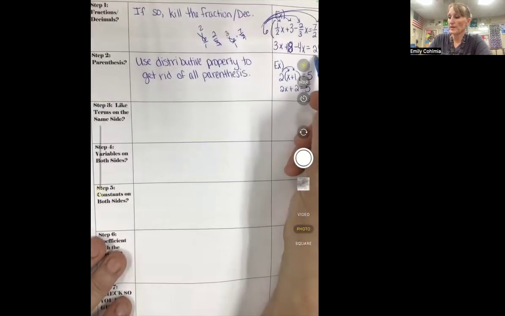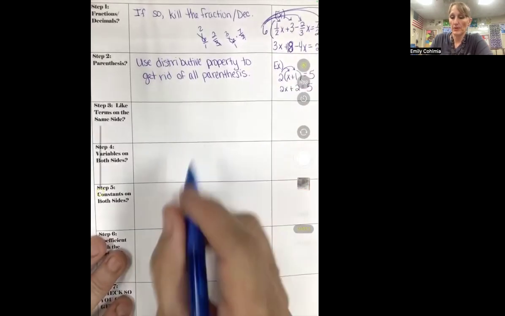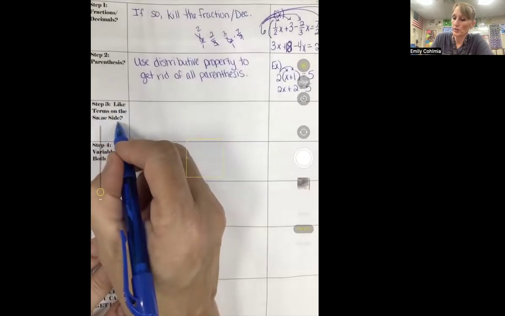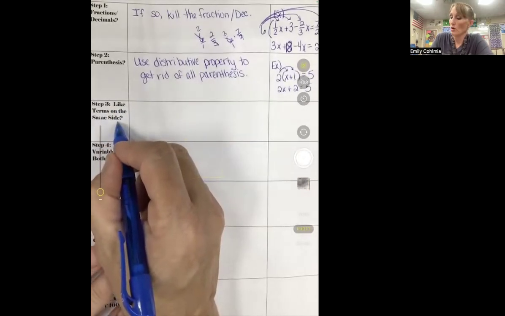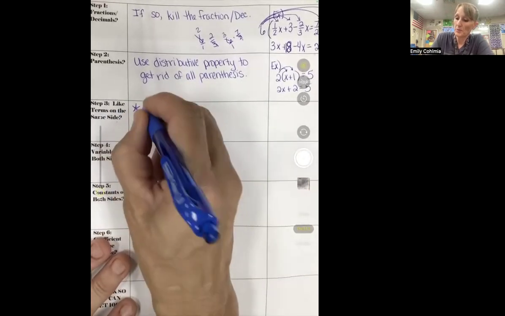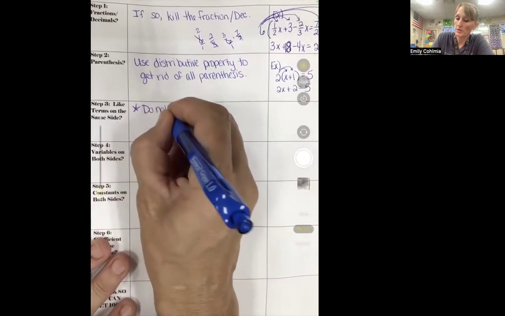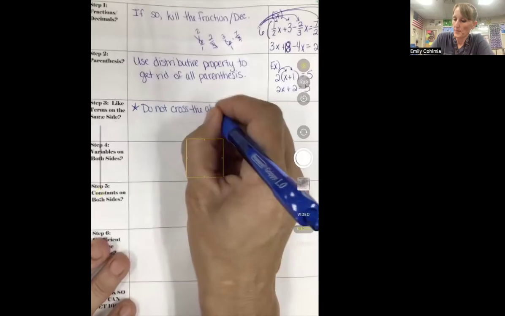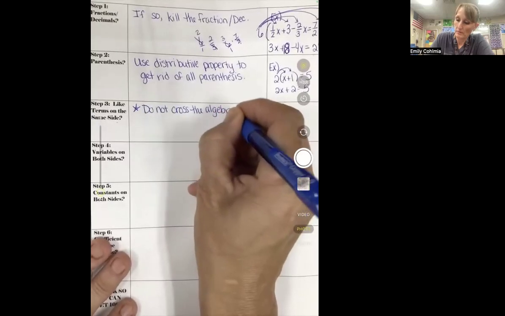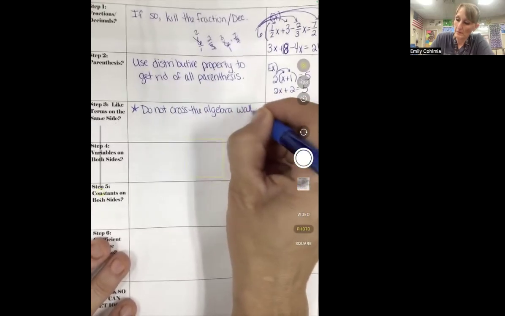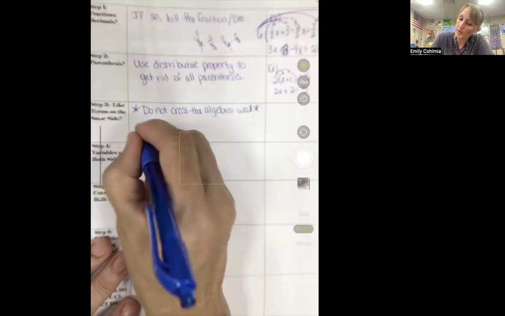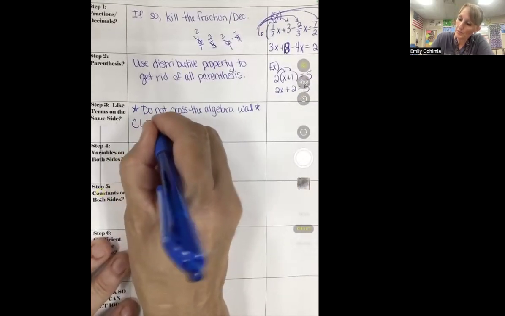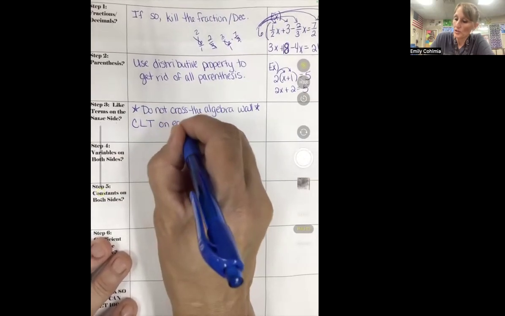Okay, step 3, and we're going to go back to our original example up here. Are there like terms on the same side? These do not cross the algebra wall. So the first thing I'm going to put on here is do not cross the algebra wall. We are going to combine like terms on each side.